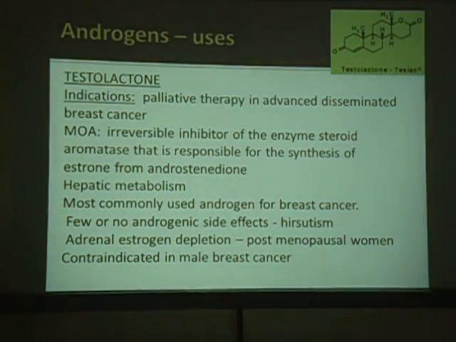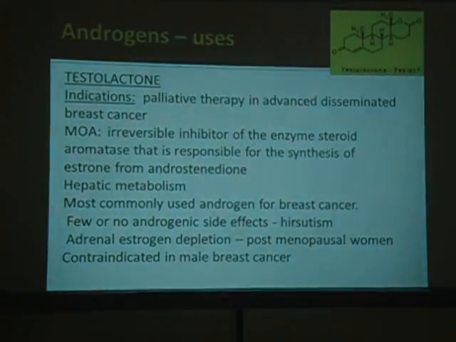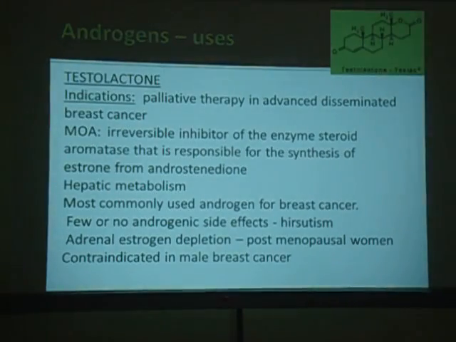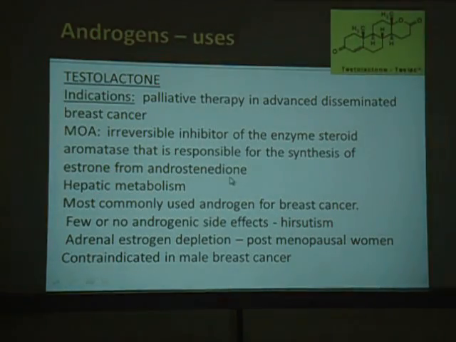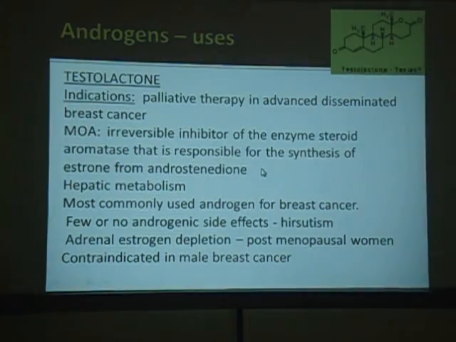So testosterone, as we just discussed, can be used in breast cancer. It is for palliative therapy. It is an irreversible inhibitor of the enzyme steroid aromatase that is responsible for synthesis of estrone from androstenedione. That was the intermediate product before synthesis of testosterone.